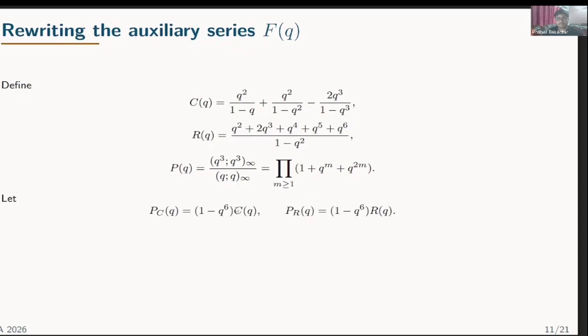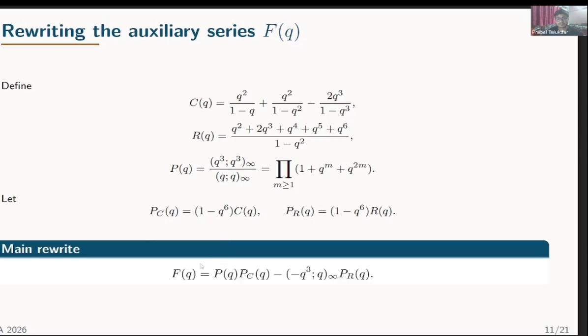After multiplying by 1 minus q to the power 6 to both C and R, we obtain the polynomial parts PC and PR. Here is the main rewrite of f(q) as P times PC minus the distinct parts product times P of R.